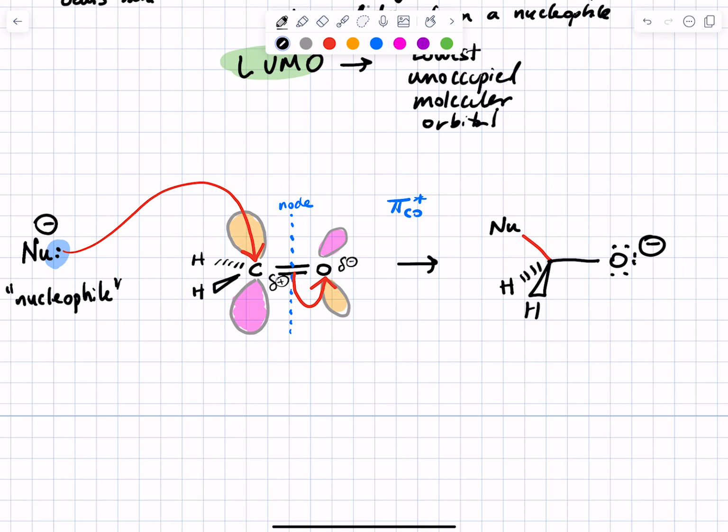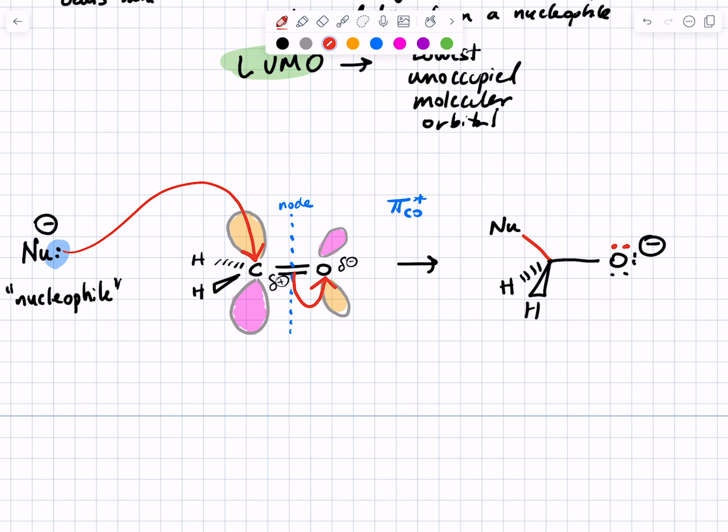And two of those lone pair electrons came from the carbon-oxygen pi bond. So if you know about HOMO and LUMO, you can predict how unfamiliar molecules react, and you can understand how reactions happen. And that's key to understanding all of the chemistry that's going on inside of you that's keeping you alive.